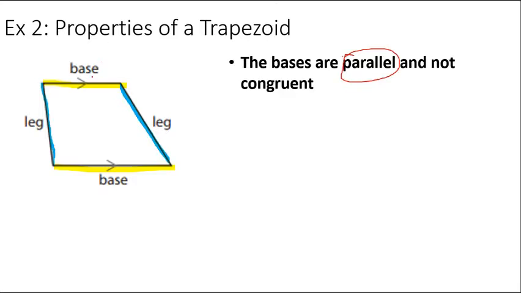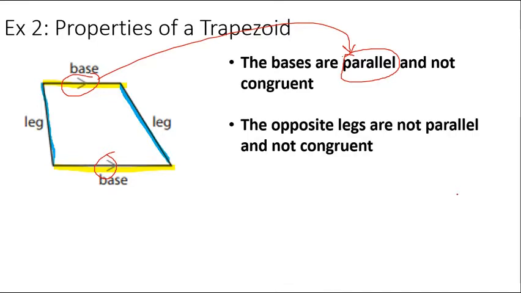You remember parallel means these little arrows right there. Okay. And it says opposite legs are not parallel and they're not congruent. So these two legs here, they're not parallel, not congruent. So that's what a trapezoid is.